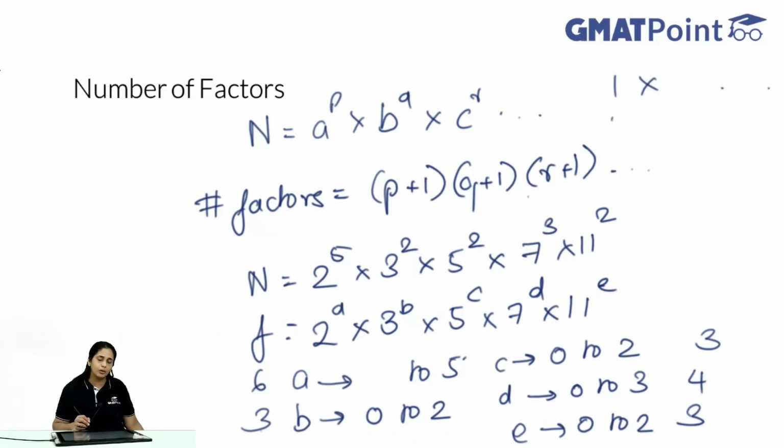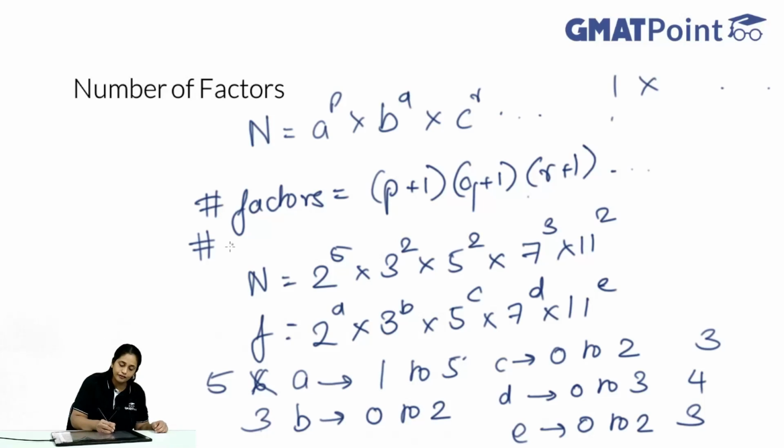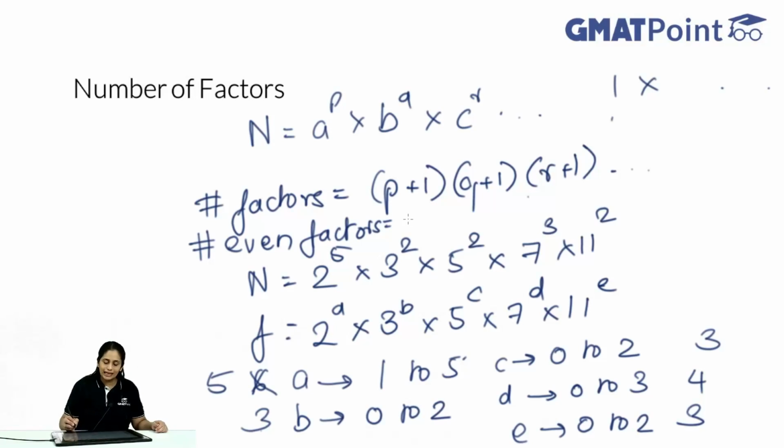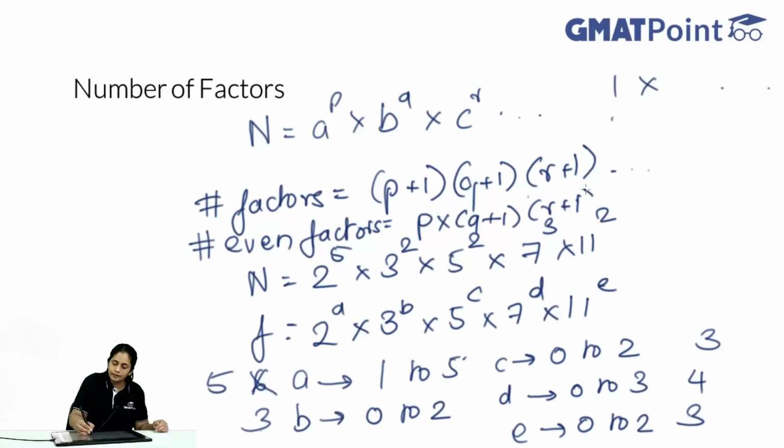If a is 0, f will be an odd number. So a can go from 1 to 5. So this will not be 6 ways, this will be 5 ways. So if I say number of even factors, what do I get? If p is the power of 2, then the number of even factors is p into q plus 1 into r plus 1 and so on.